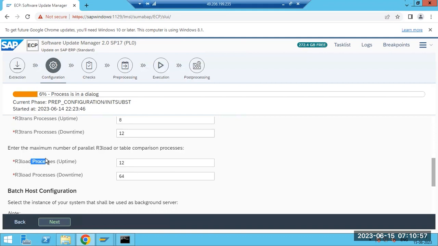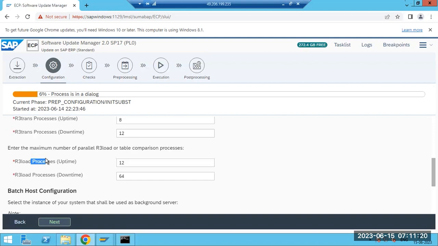R3 load is 3 into the number of CPUs. How many CPUs do we have? That many CPUs we use to calculate it. So 3 into 4, right? 12. 3 into 4 is 12. And 2 into 4 is 8.